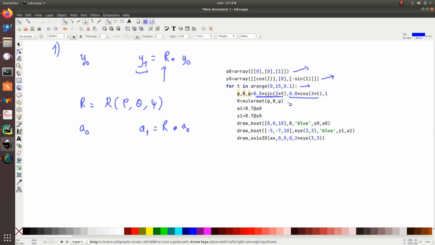So I build the Euler matrix, which depends on phi, theta, psi, the three Euler angles. I build here A1, Y1, and then I visualize them. I represent the true boat at this position, and also I shifted here to represent the other boat, where the orientation is identity.